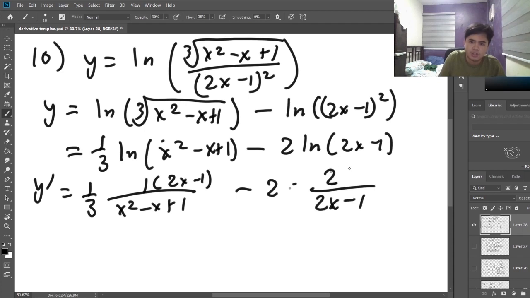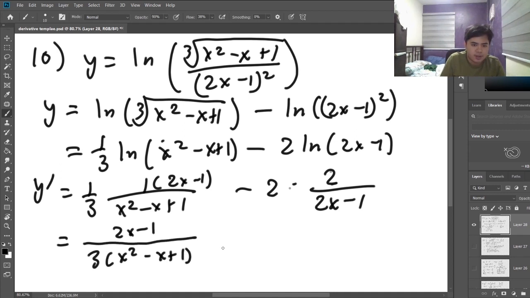The 2 here is the derivative of the inside. So simplify, we get 2x minus 1 over 3 times x squared minus x plus 1, minus 4 over 2x minus 1.